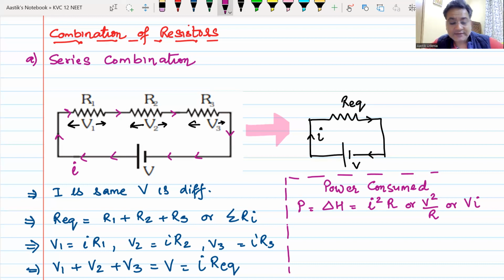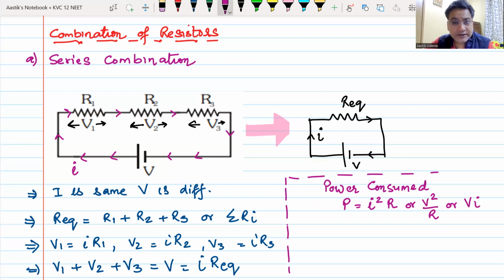Do we understand this? This is power given in the form of heat. This is not heat energy, so let me not write delta H because you might get confused. You just simply write it as power.